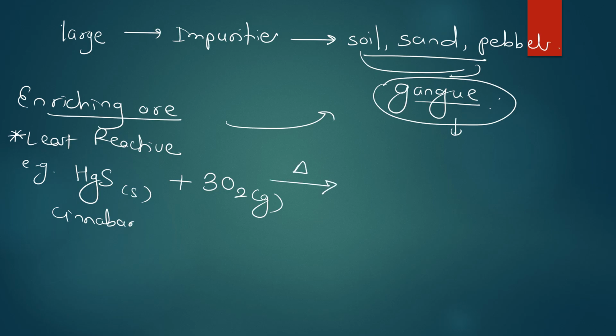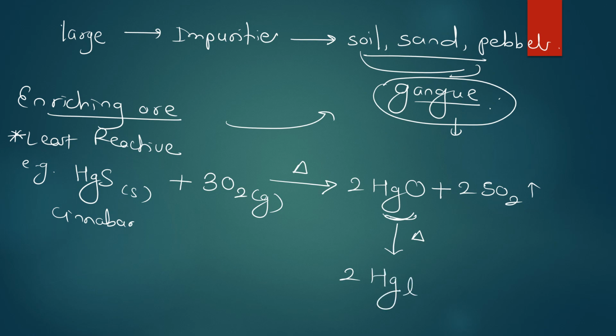What you get is HgO, the oxide form of mercury, and 2 sulfur dioxide in gas form. Again you have to heat it, because here you do not get only mercury, you get the oxide. Heat this again and you get 2 molecules of mercury, in liquid form. This is the only metal which is in liquid form.